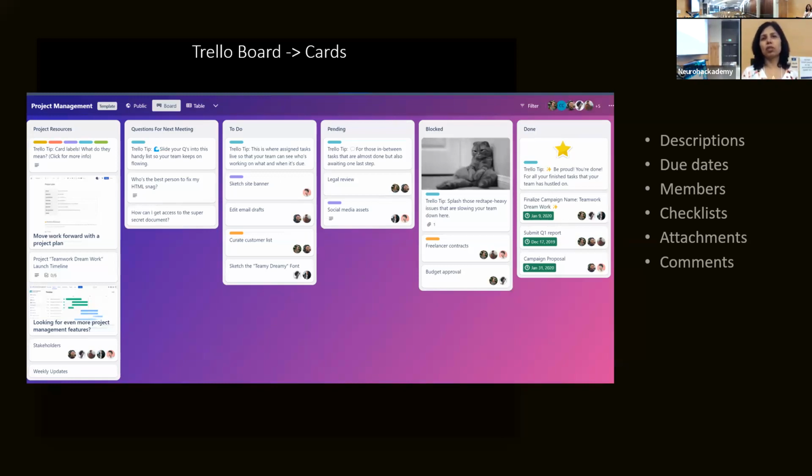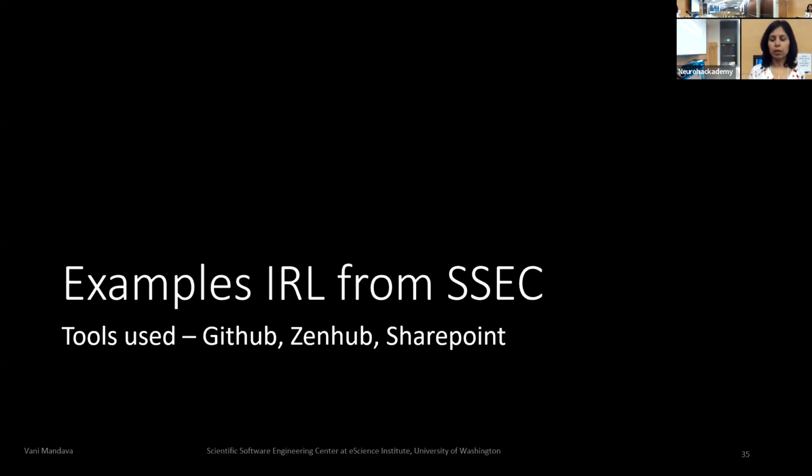So some of this is just for tracking purposes also, but in a compressed time frame, such as a week-long project, it most likely is just helpful for you to really clarify the software requirements. On the right in this bulleted list are some of the things that these tools provide. It lets you put in due dates, members, checklists, attachments, and comments.